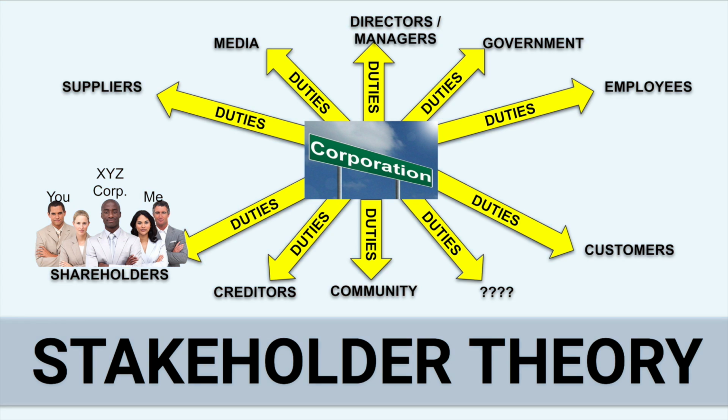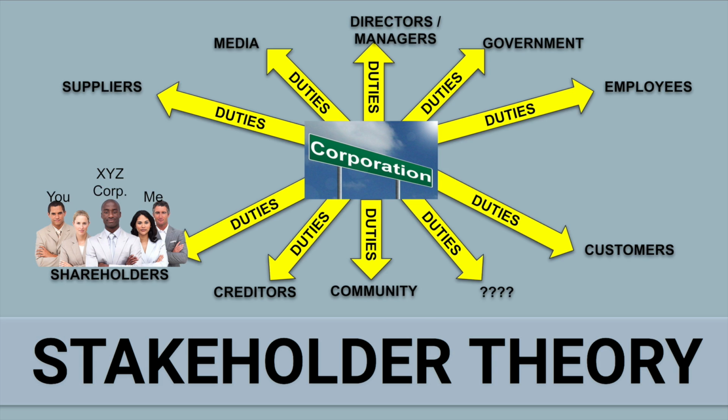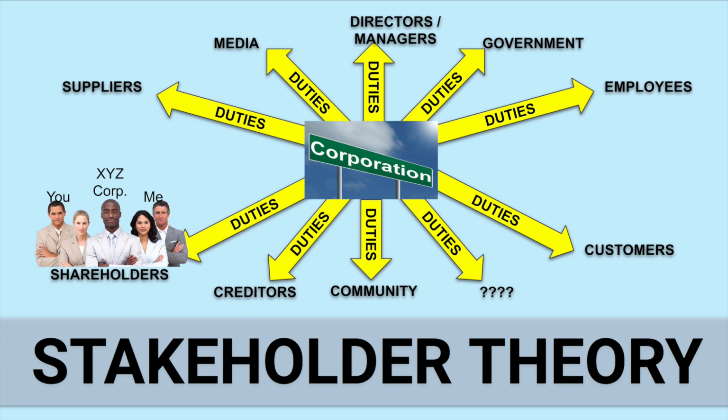A competing theory to that of shareholder theory is called stakeholder theory. Stakeholder theory is a derivative of the social contract theory. So one could say implicitly that there is a social contract between the corporation and all of the stakeholders.